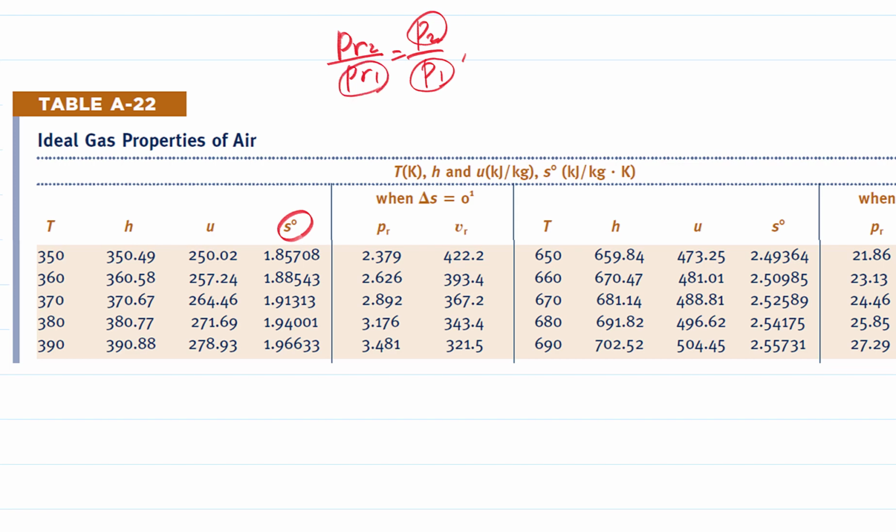So we can also determine PR1. So we can solve for PR2. From PR2, we can determine H2S. So PR2 is P2 over P1 times PR1.